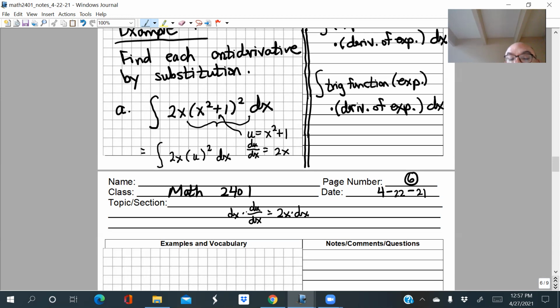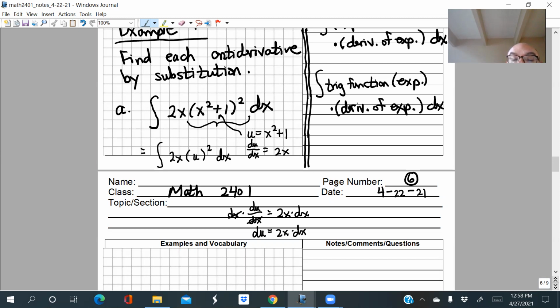When I multiply both sides by dx, what happens on the left-hand side to the dx's? The dx's cancel out, right? Yeah. And so you get du is 2x times dx.